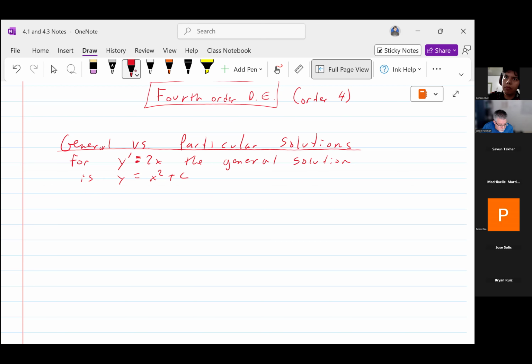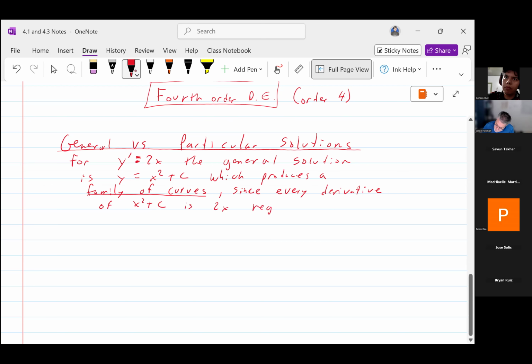This produces a family of curves, since the derivative of x squared plus c is 2x regardless of what the value of c is.